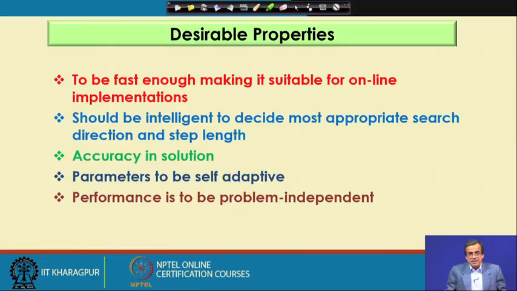Now, if I see the reason behind switching over from the traditional to non-traditional tools, there are many reasons, and out of all the reasons, one of the most important was that we should get a robust optimization tool which can tackle a variety of problems.